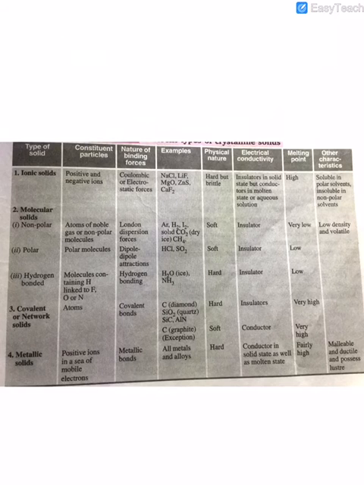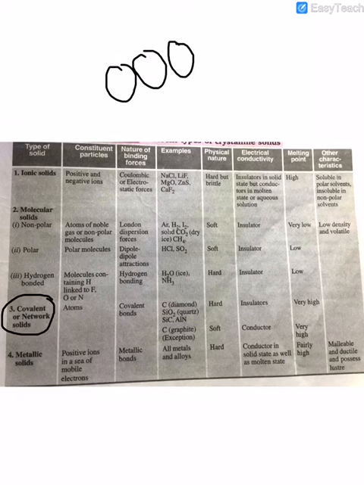Now our second crystalline solid is covalent solid. It is made up of atoms. If I'm talking about an example like carbon, it is made up of carbon atoms, right? The force of attraction between them is covalent bonds, because a covalent bond is defined as the bond which is made by sharing of electrons.